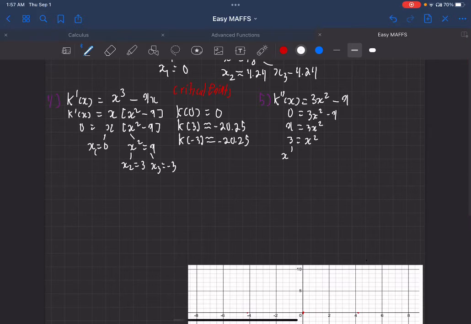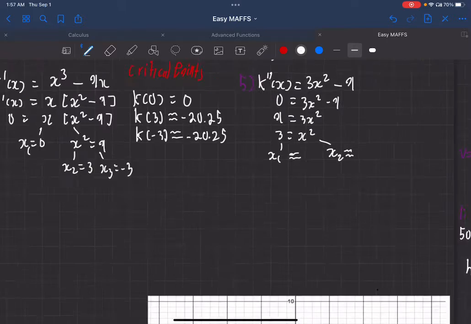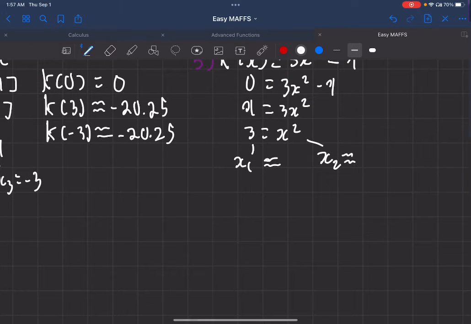So x1 is approximately equal to, and x2 is approximately equal to. Okay, so let's plug root 3 into our calculators. Root 3. And you should get a value of approximately 1.73. So 1.73 plus or minus, right?